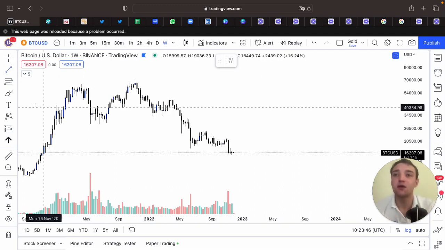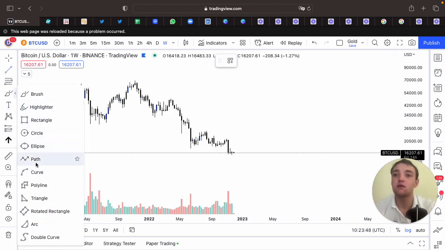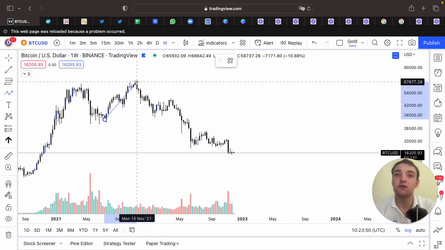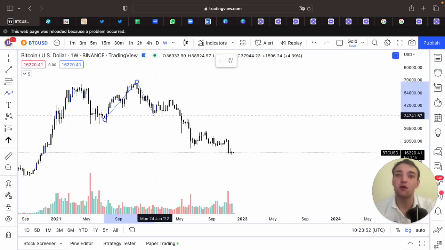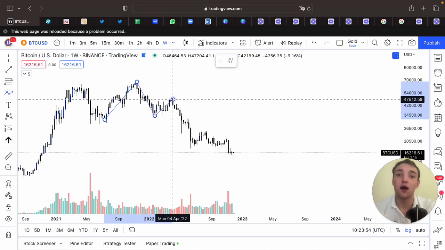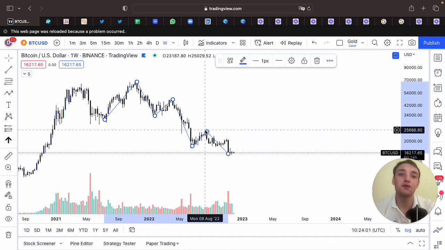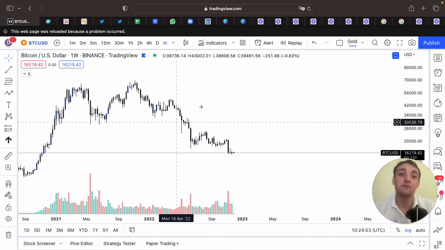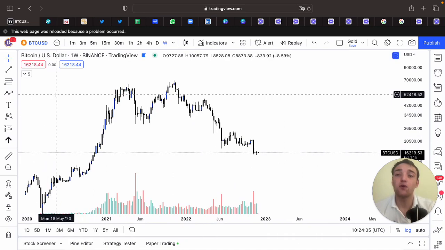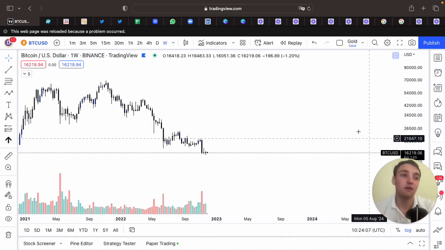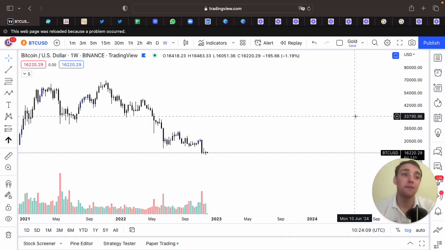So you can see over here, we form this high, and then this is a low. We form this lower high, lower low, lower high, lower low. So we are in a valid downtrend. In order to draw trend lines onto this weekly time frame, remember 1 week is 1 candle.